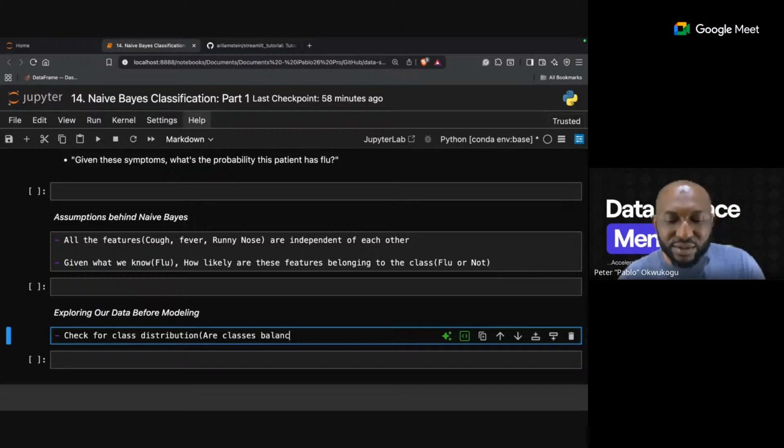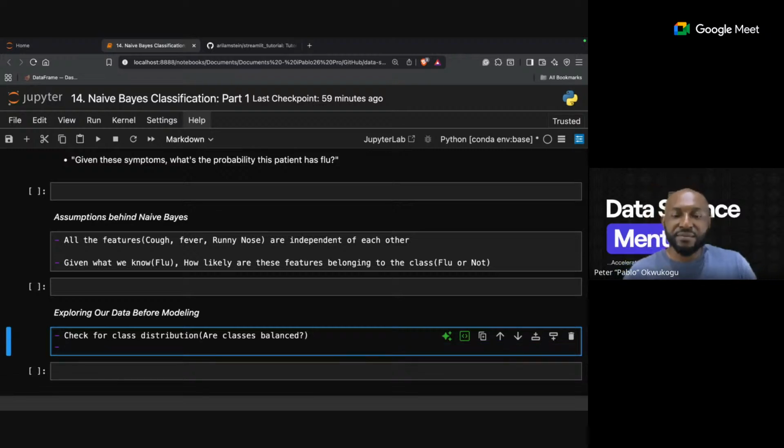So that we don't get into technical jargon, what it means is if we are going to predict flu or not, the existing data we have, the flu or not class, are they balanced? Because it's important that they are balanced, since if they are not, there are chances that the algorithm will say, look, we see this a lot, so what are the chances that it is this?